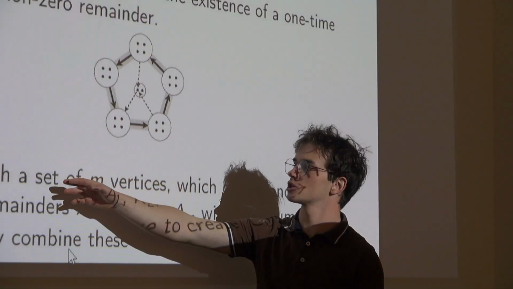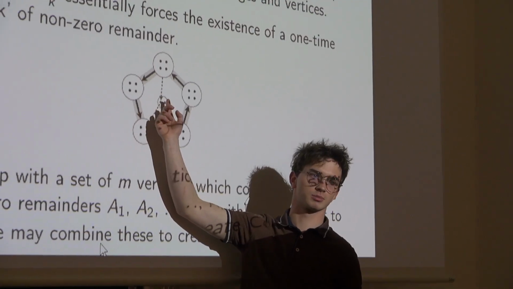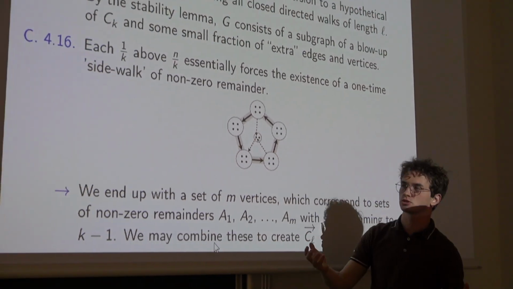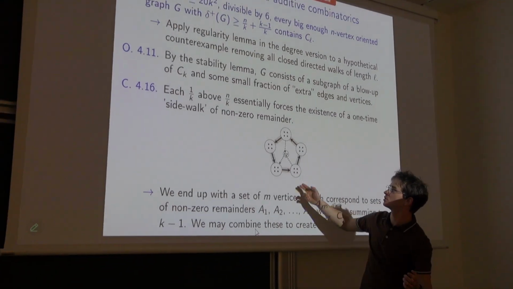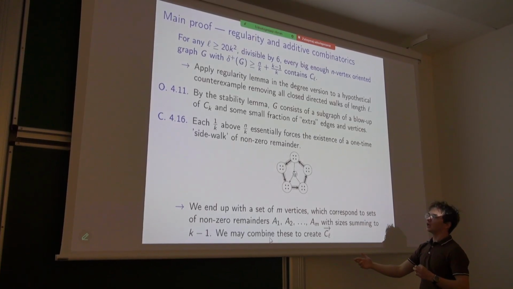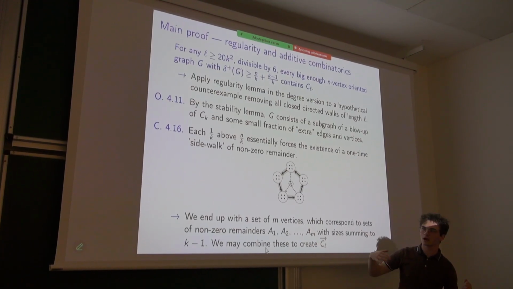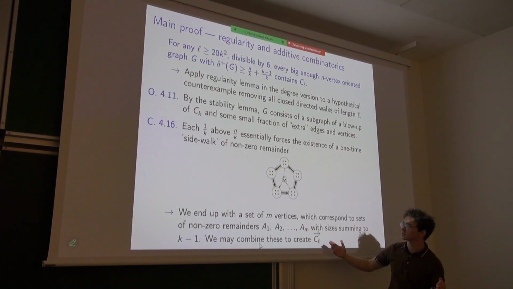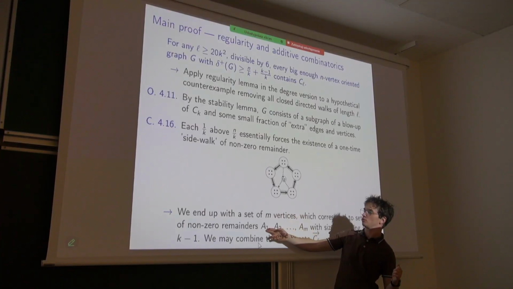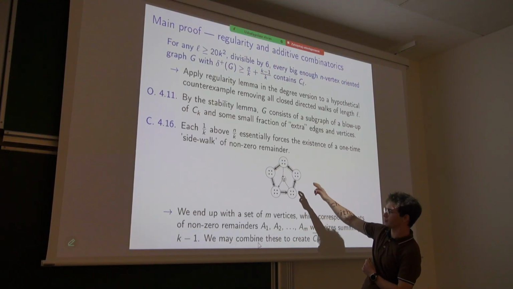What we end up with is a set of M sidewalks, simply, and remainders that correspond to them. These are simply the remainders that we can create using them. What happens is the sizes of these sets of remainders sum up to k minus 1.